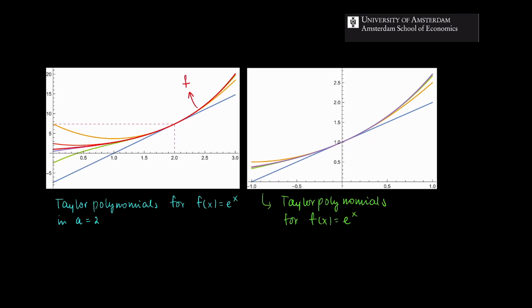So there are again two components. The further away you are from the point where you define the Taylor polynomials, the bigger the distance between the function values and approximate values, and the higher the order of the Taylor polynomials, the better the Taylor approximations. These are the two basic intuitions underlying Taylor's theorem.